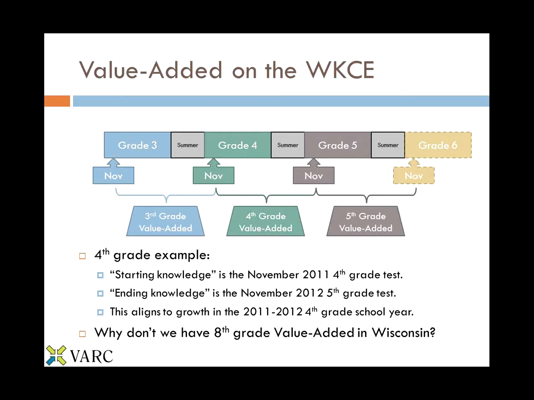The growth between the 2011 WKCE in 4th grade and the November 2012 5th grade test is how we're measuring growth during the 4th grade school year for value added. You'll notice that it doesn't perfectly align, but it mostly aligns with growth during the 4th grade year. Those are the 2 test events that we're using to measure 4th grade value added.